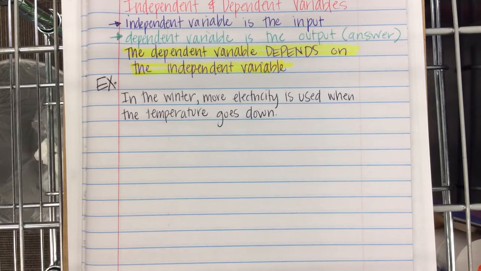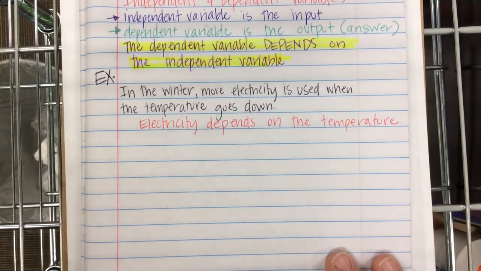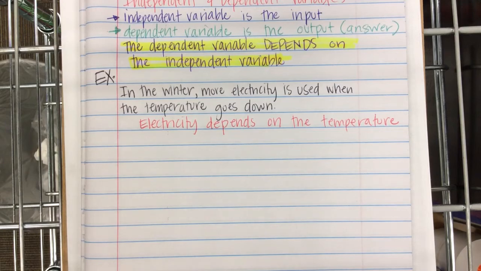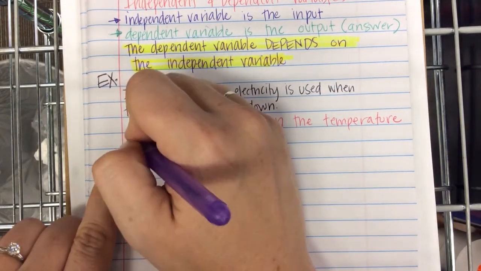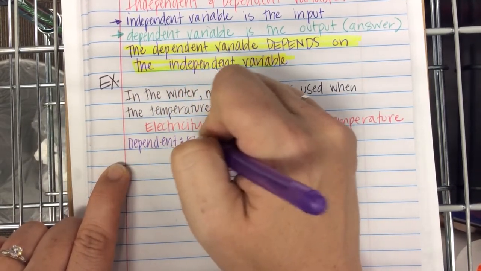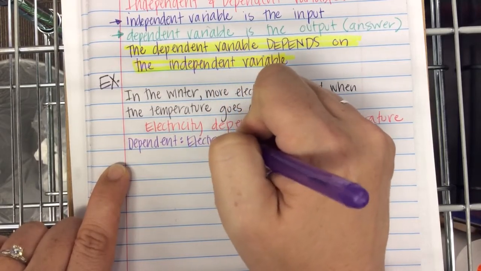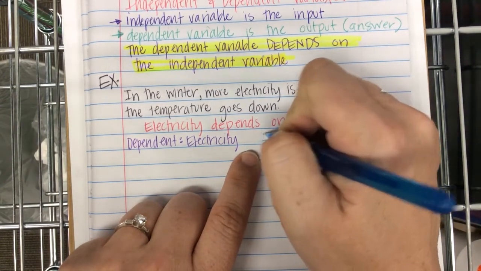Dylan, what was your sentence? Electricity, the amount of electricity, depends on the temperature. So electricity is my dependent, and my independent is the temperature.